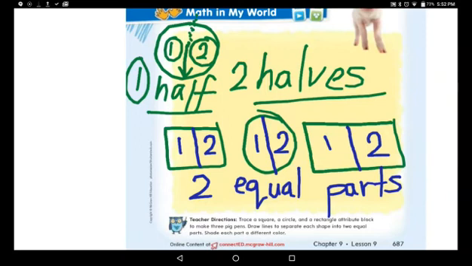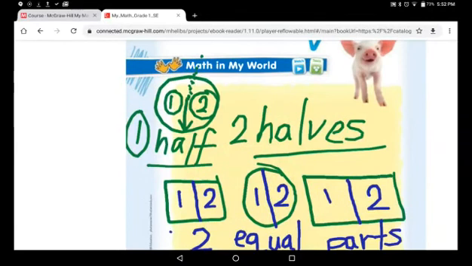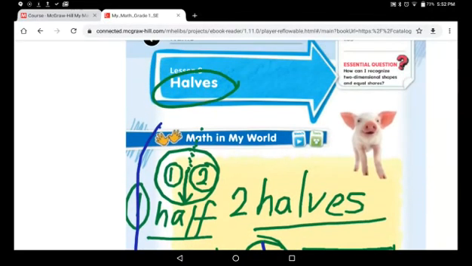When we separate each shape into 2 equal parts, the parts should be equal. Then we can say it is what again? It is halves.